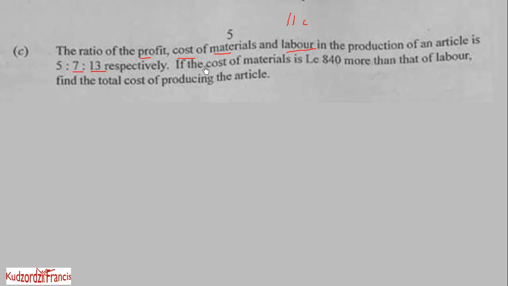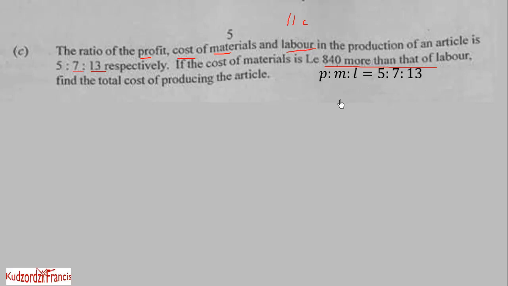So the cost of material is 840 more than that of labor, which is not true. So let's assume that this question is correct. They will proceed like this. The ratio is profit is to material is to labor, and that is 5:7:13.